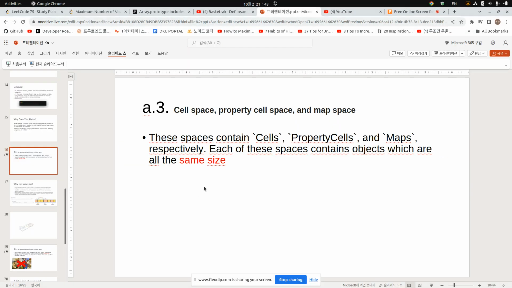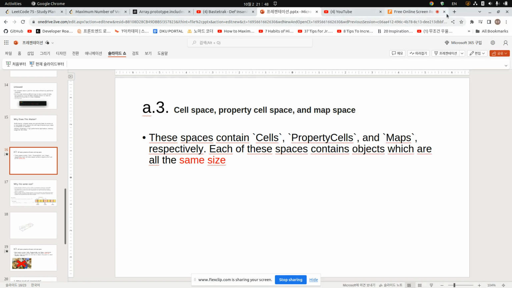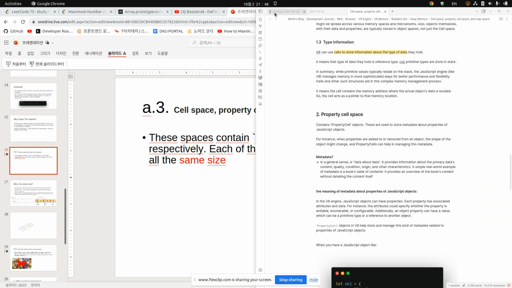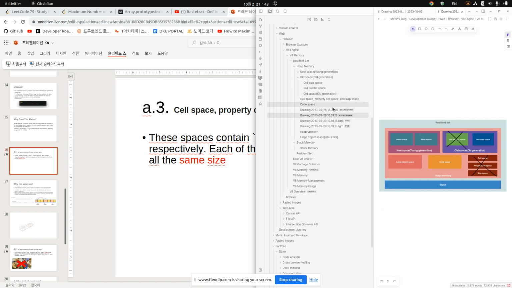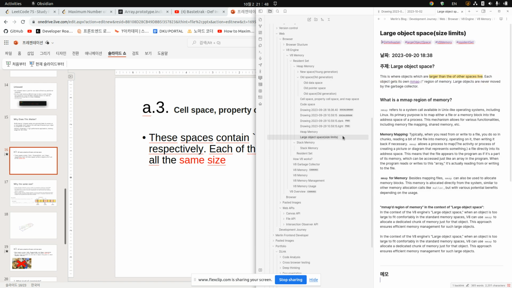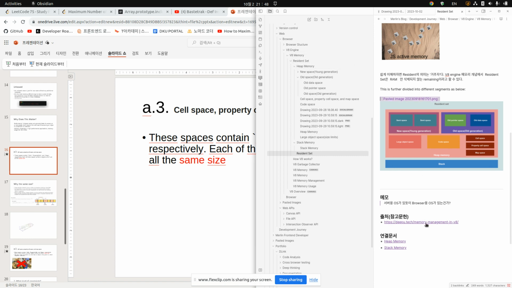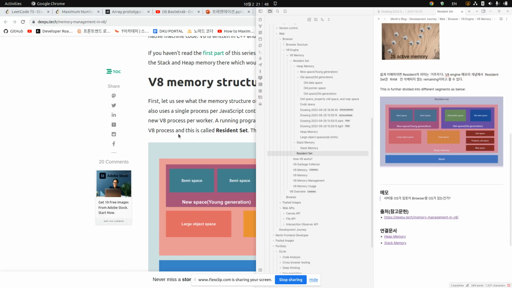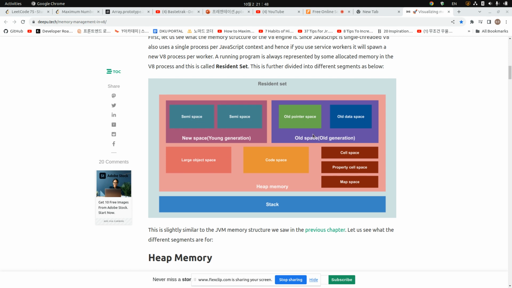That's it. I'm not going to go deep into this because many people think this is the truth. There's a blog about it, and a lot of people translate this blog, even nowadays in 2023, and say this is the structure of V8 memory, but no, it's not.